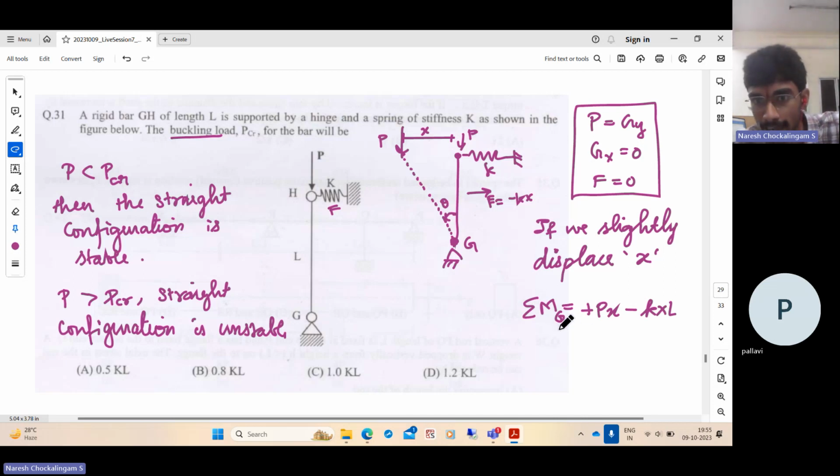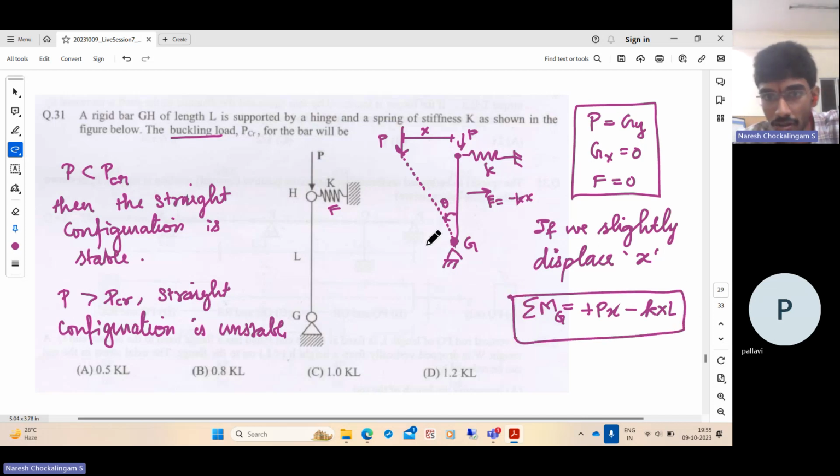So this is an unbalanced moment. If the net unbalanced moment is trying to bring the system back to the straight configuration, then it is stable. Therefore, if the net unbalanced moment is negative, then equilibrium is stable.